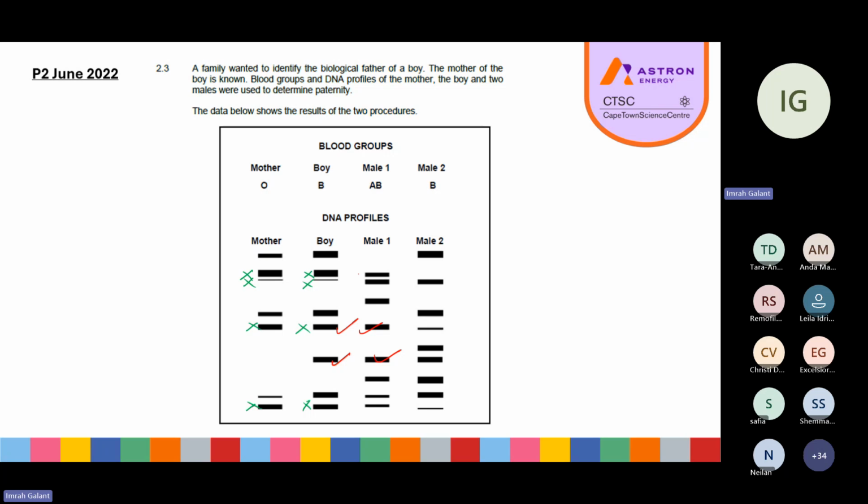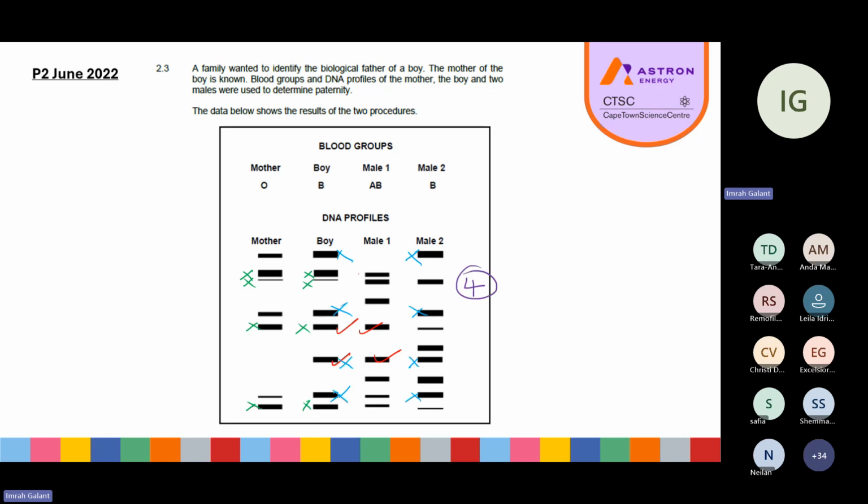Okay, now let's compare male 2 and the boy. So as you can see, this band over here with male 2 and the boy are the same. This band over here and that band is the same, as well as this one and this one and that one and that one. Okay, so we can clearly see that with male 2, there's 1, 2, 3, 4 bands that are the same.